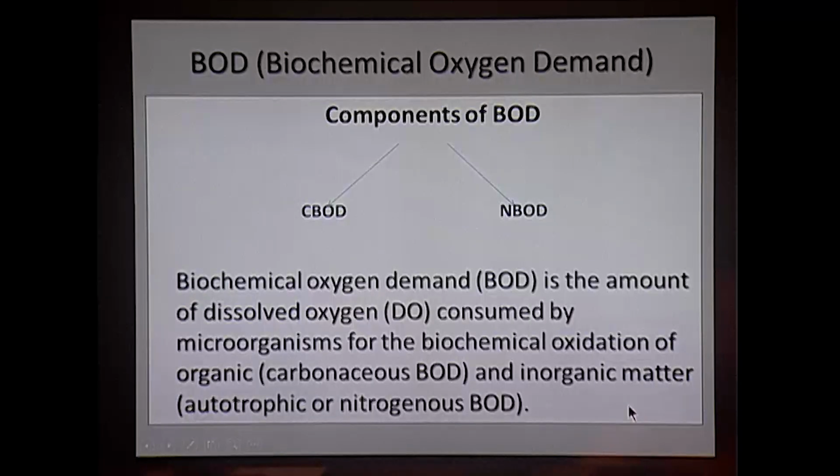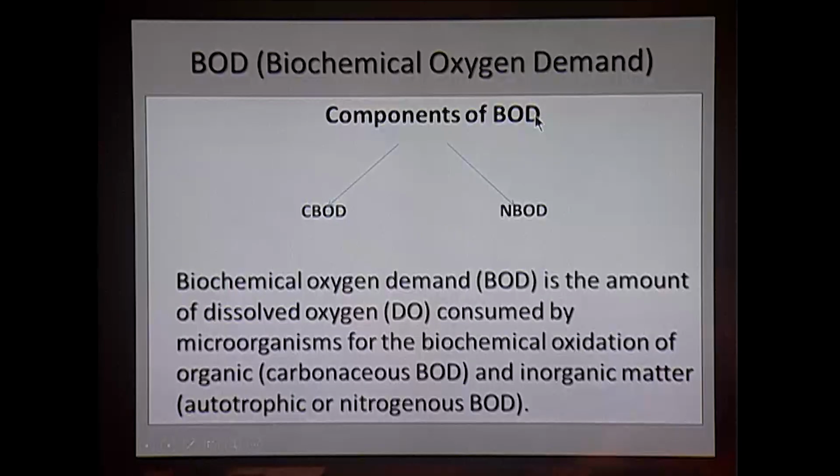Then we call it carbonaceous biochemical oxygen demand, or it may be for the oxidation of inorganic matter, which is called autotrophic or nitrogenous biochemical oxygen demand. So the components of the BOD can be CBOD or NBOD.